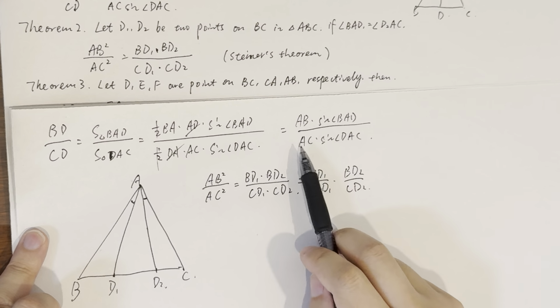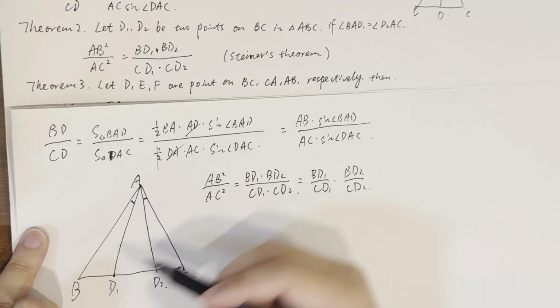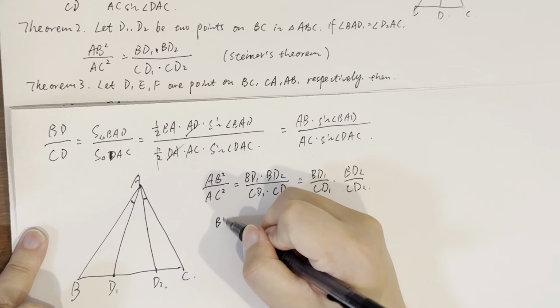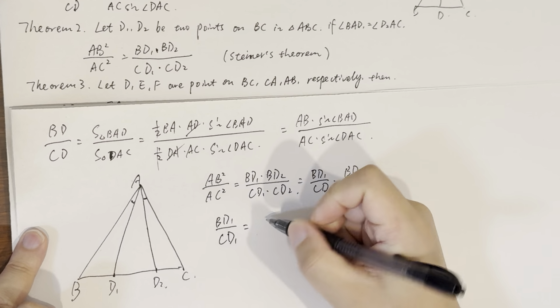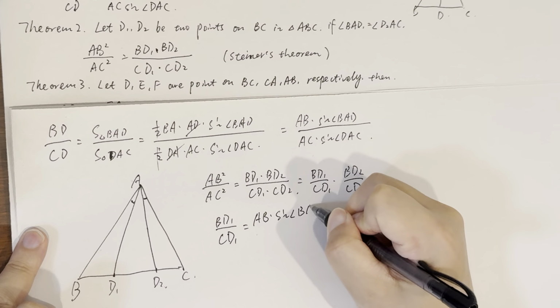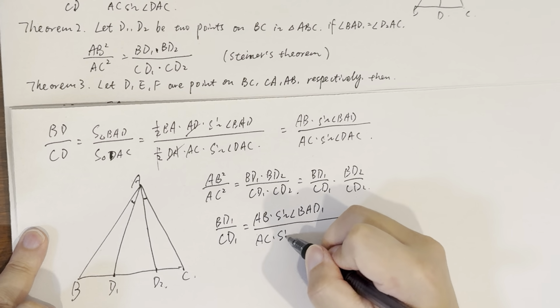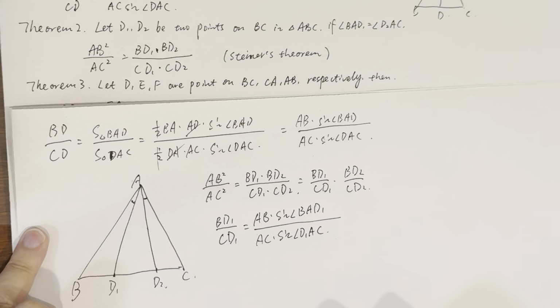So we can use theorem 1 twice. For D1, we know that BD1 to CD1 equals AB times sine angle BAD1 to AC times sine angle D1AC, right?